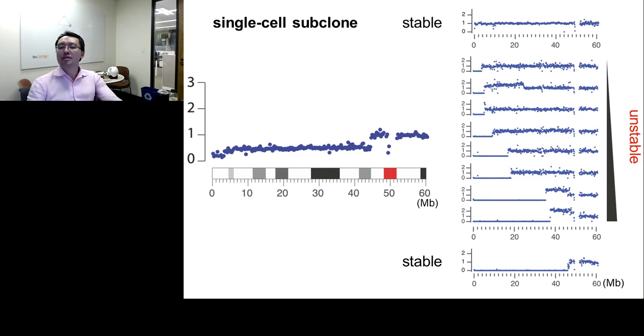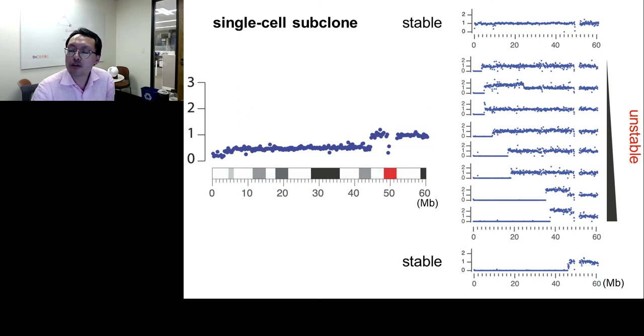Again, we take single cells from the progeny population, grow them into subclones, and then did whole genome sequencing to look at the DNA copy number in the subclones. In the bulk, we see this average copy number between 0 and 1. When we look at individual cells, however, we see this very striking pattern that there's extensive variability between the different cells in their DNA copy number of the blue allele.